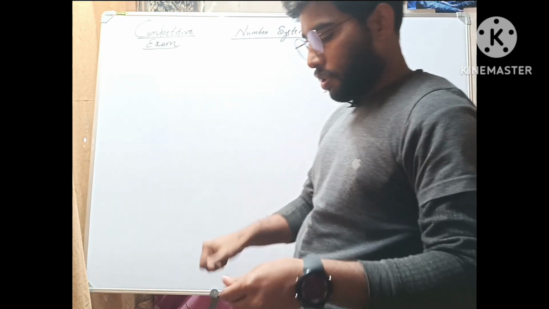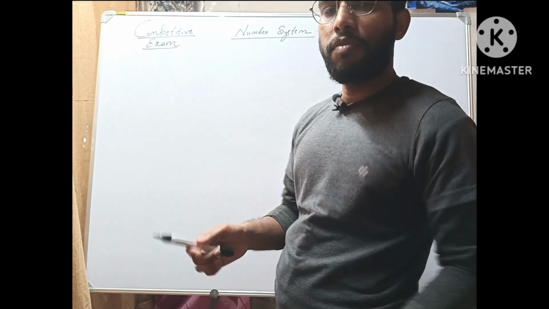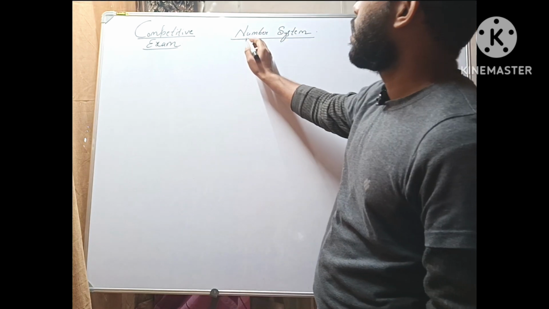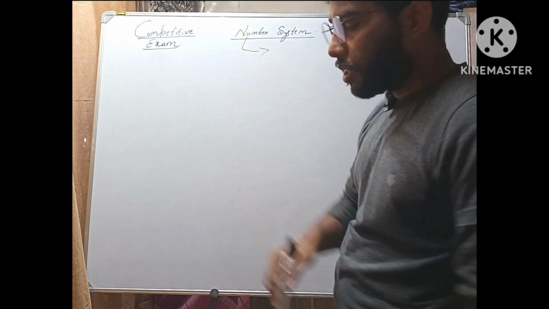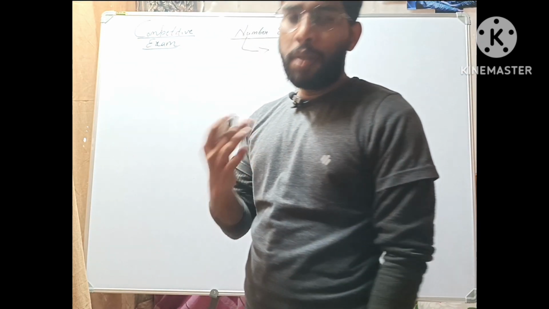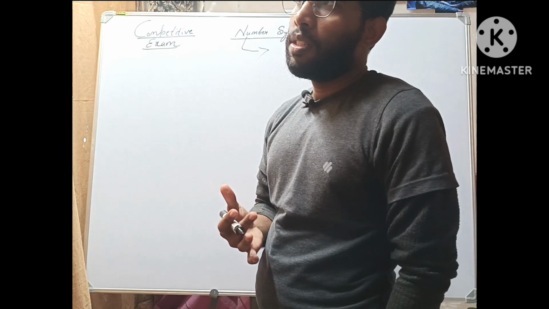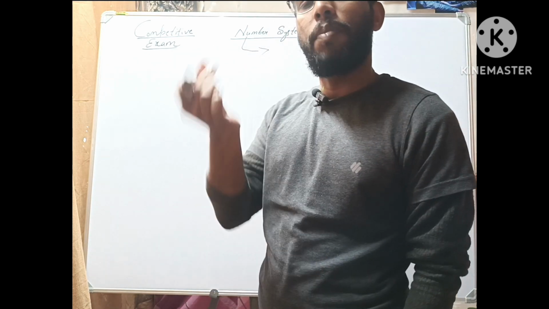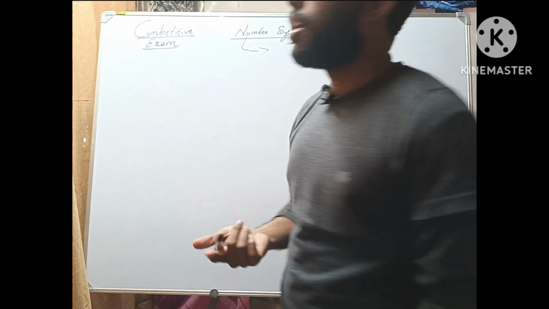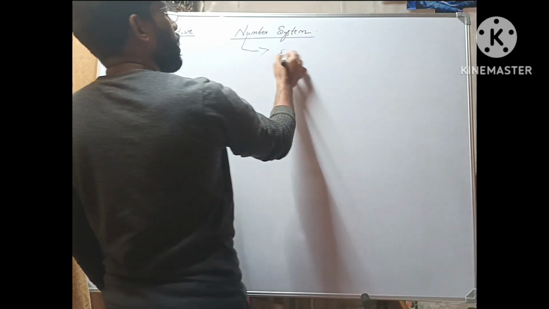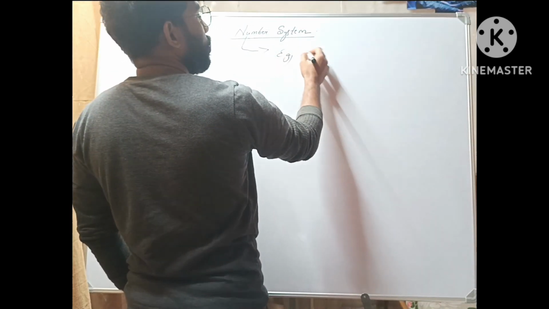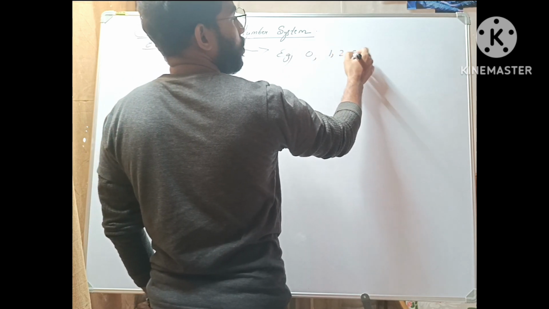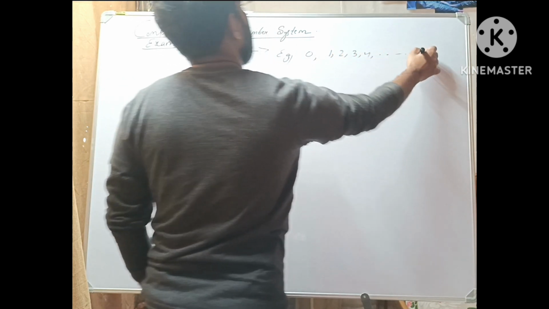Now, before getting into detail, let us first see from the zero level what a number is. A number is something which can be expressed in the form of digits. Examples can be 0, 1, 2, 3, 4, 9.